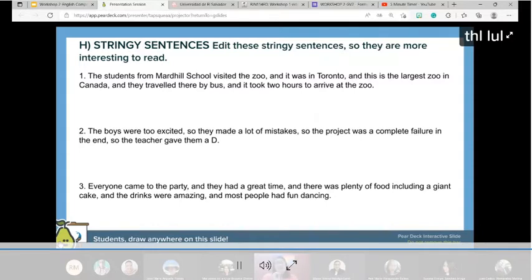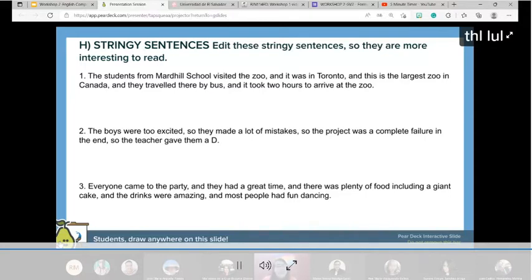What I will do is leave: the students from Marhill School visited the zoo in Toronto. I will add a comma, the largest zoo in Canada. Or instead I use a period and then add, they traveled there by bus to arrive at the zoo. Or they took a 2-hour bus ride to arrive at the zoo.